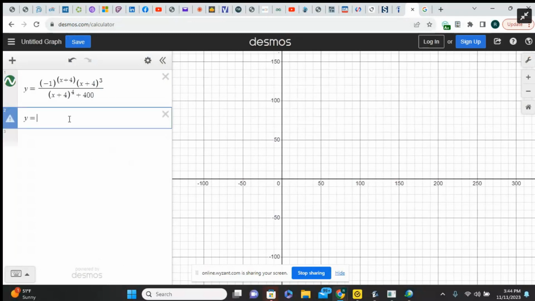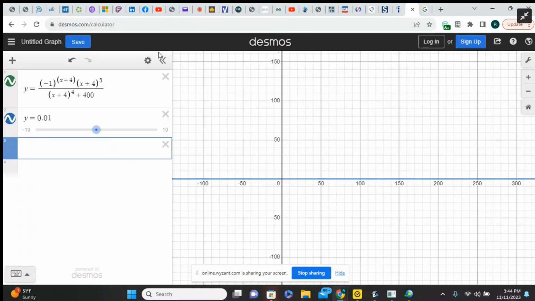Then we have y equals 0.01. The question is, why is the one on the top not visible?